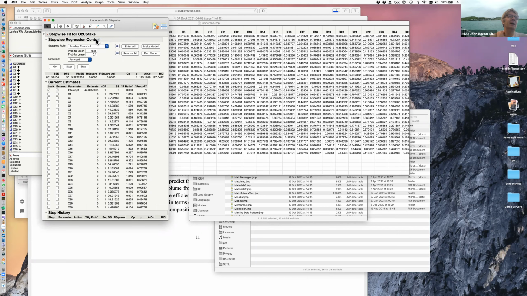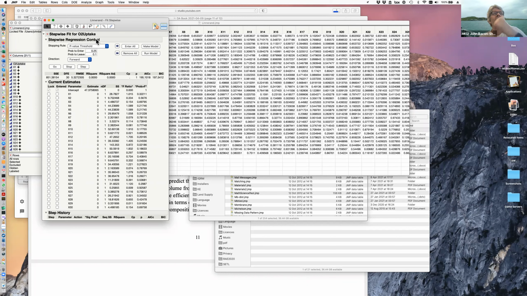We're going to use p-value threshold. Your p-value threshold may be set to different default values to mine. These are the standard defaults in JMP, and you'll see it's set 25% to enter and 10% to leave. So the idea being we're doing an initial screen through all of this. We want to make sure we haven't missed anything that might be useful.